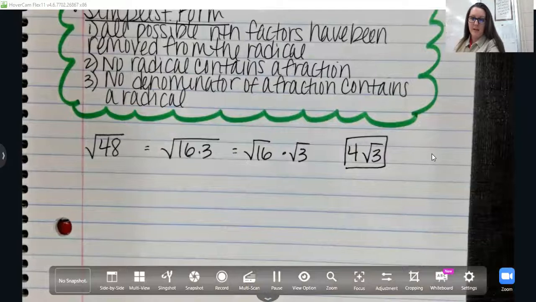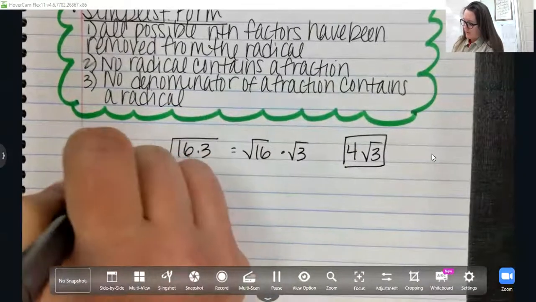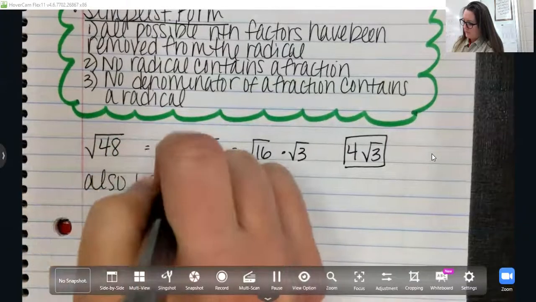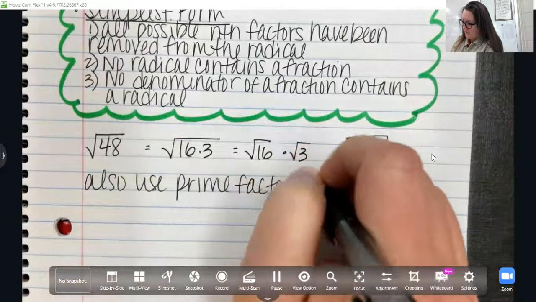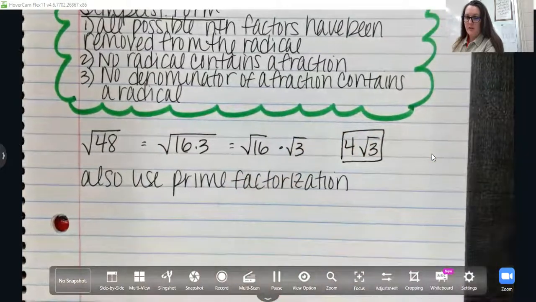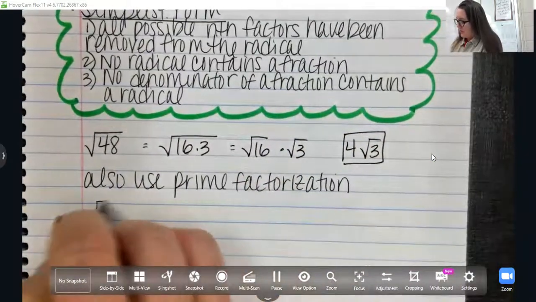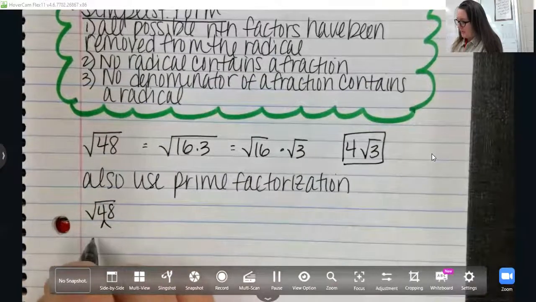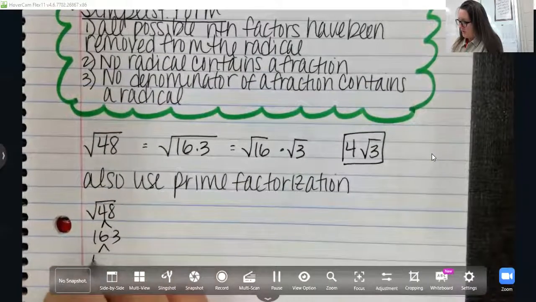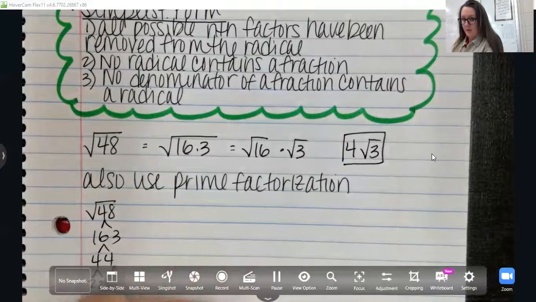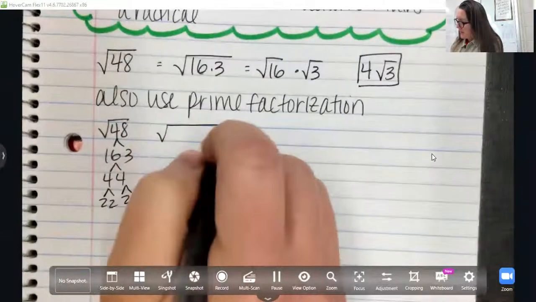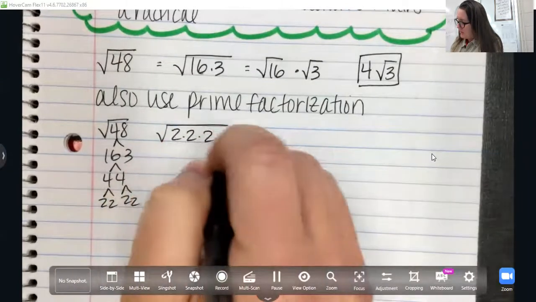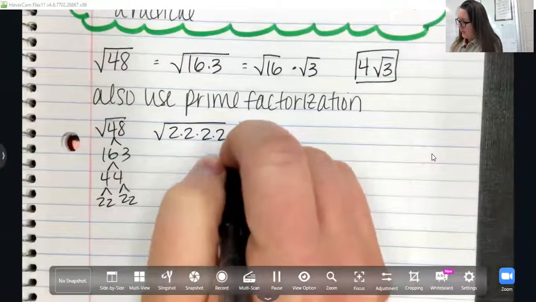You can also think about it like this. You can break it down into your prime factorization. So if we took the square root of 48 and broke it down into all of my prime factors, this would be the same as 2 times 2 times 2 times 2 times 3, right?